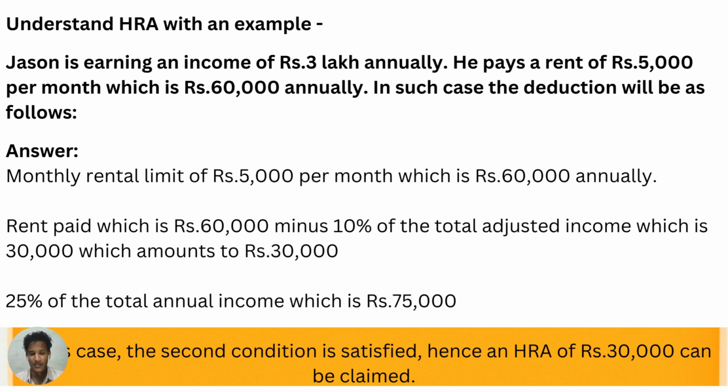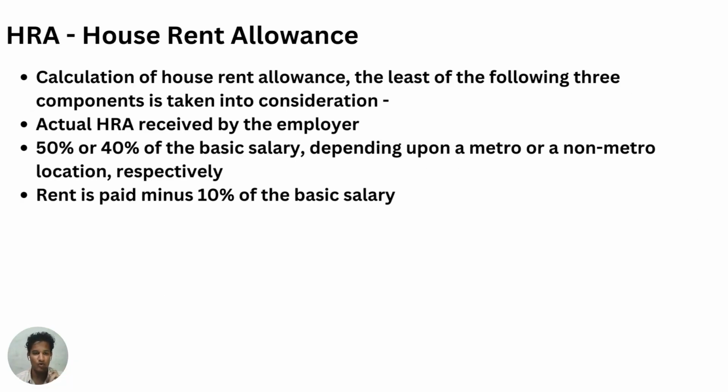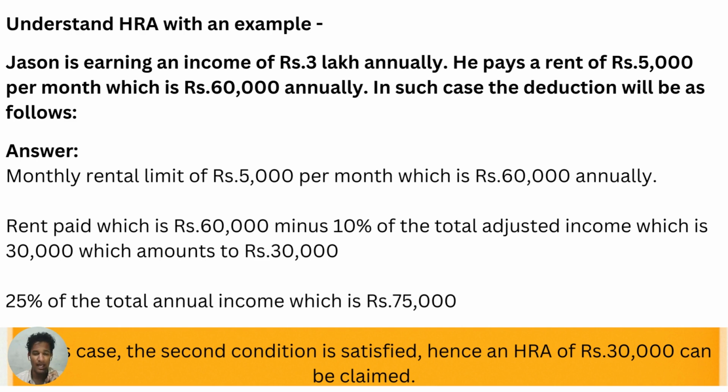And now let's consider the third consideration, which I explained. It's 25% of the total annual income, which is rupees 75,000. So out of these three conditions, the first one is 60,000, the second is 30,000, and the third is 75,000. Whichever is the lowest will be considered. So here 30,000 is considered.